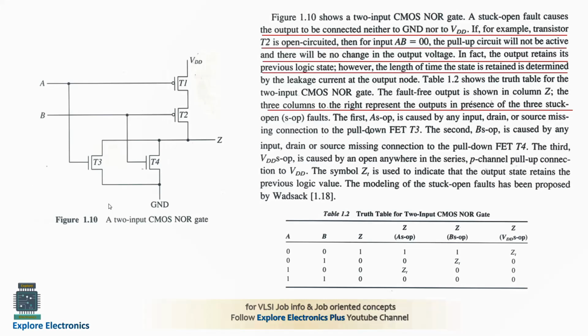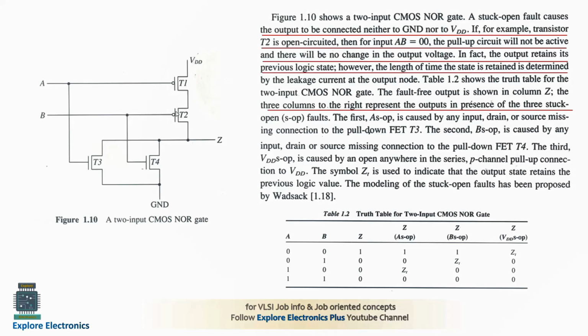Also with the example, if you see the two input CMOS NOR gate we have considered over here. It requires two N transistors in the pull down, two P transistors in the pull up. So if we take a stuck open fault over here for the T2 transistor, suppose we are assuming that this T2 transistor is stuck open. Open means here there is no connection established between source and drain. So if T2 is open circuited, then for input AB, if we treat it as 0 0, the pull-up circuit will not be active.